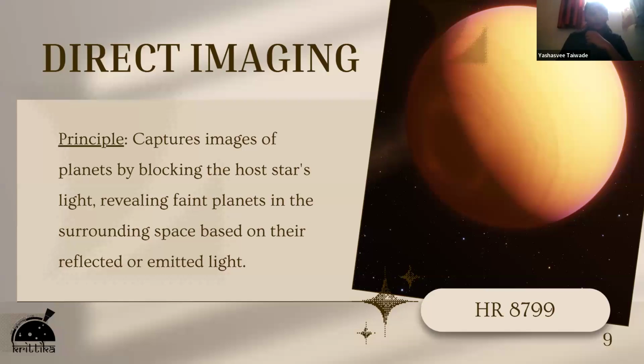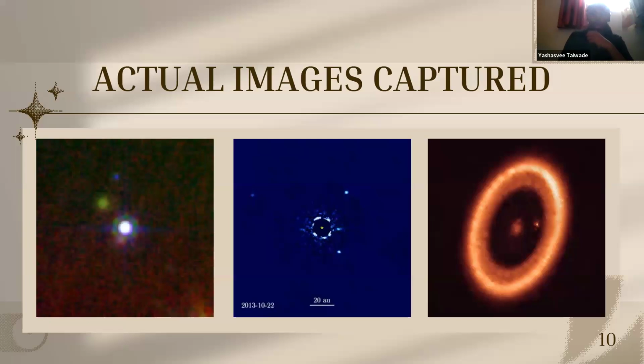This blockage reveals faint planets in the surrounding space based on the reflected or emitted light. Direct imaging is obviously very difficult, so we do not have many examples of it. These are some images of direct imaging.